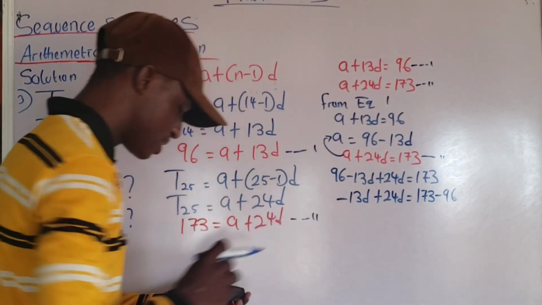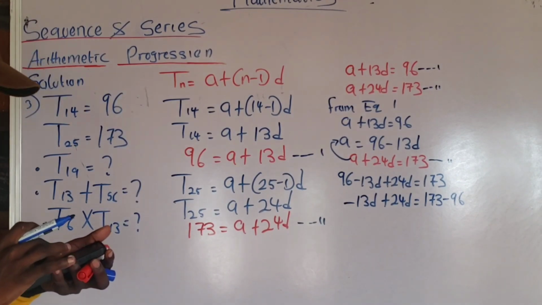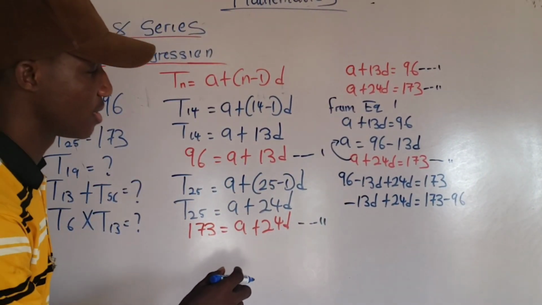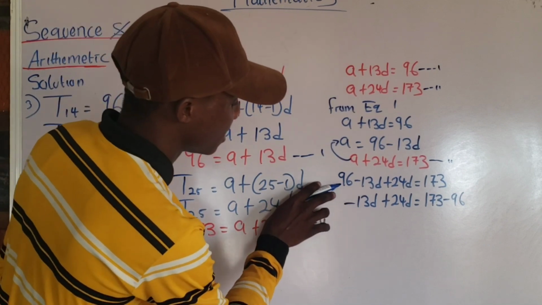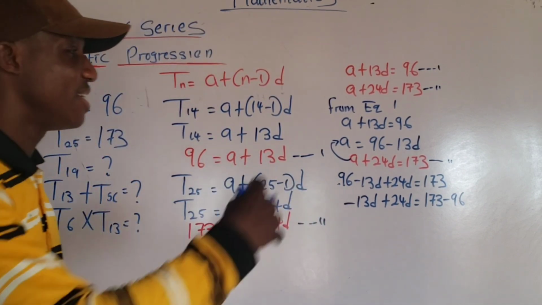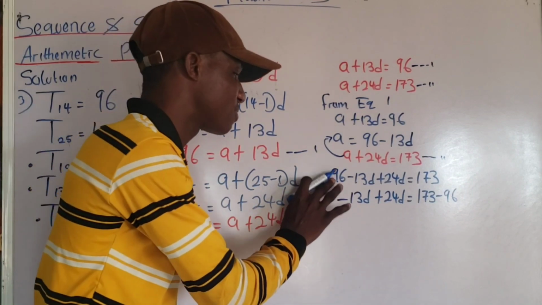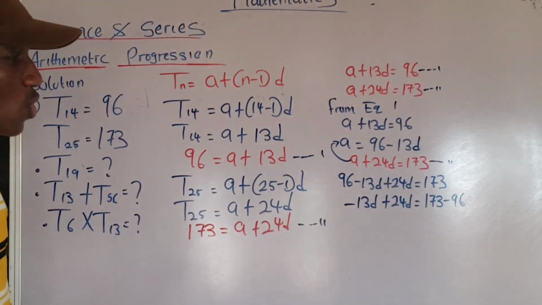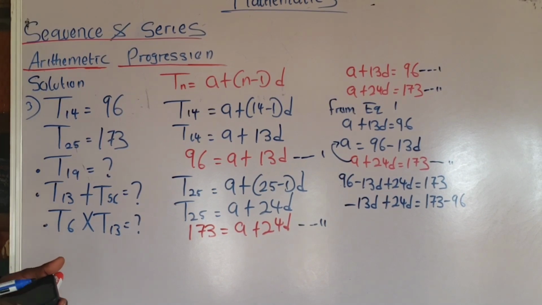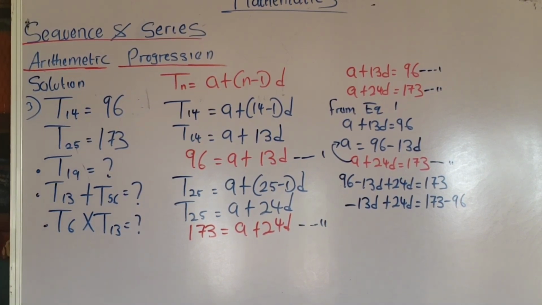If this 96 crosses the equals to sign to the right hand side of the equation, the positive sign is going to change to negative. So we are left with 173 minus 96.